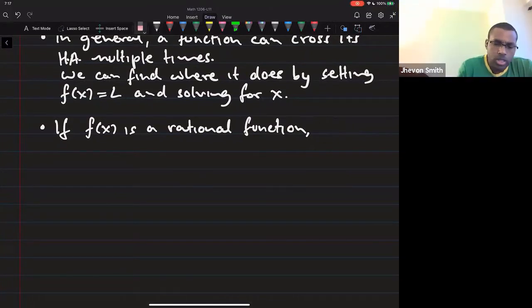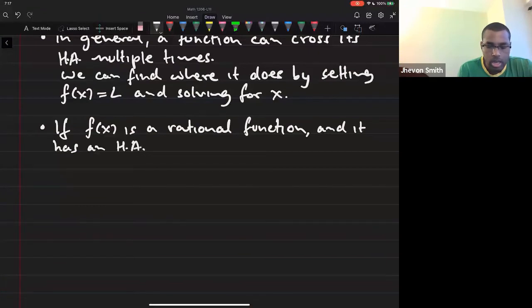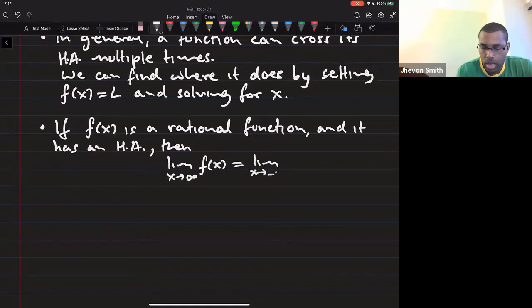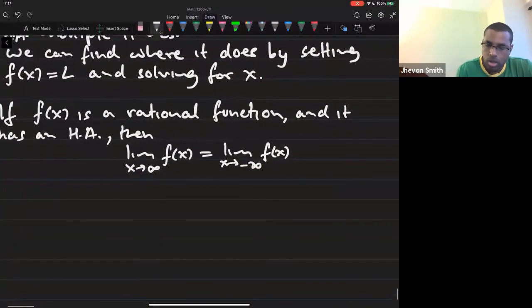If it's a rational function and it has an HA, then the limit as x approaches infinity of f of x will be equal to the limit as x approaches negative infinity of f of x, and we actually know what this is.